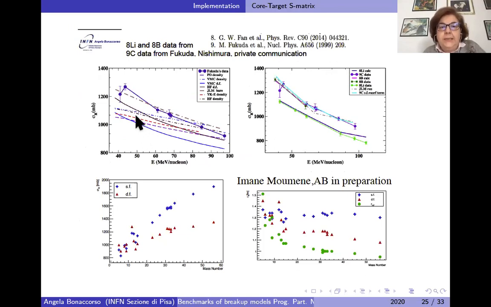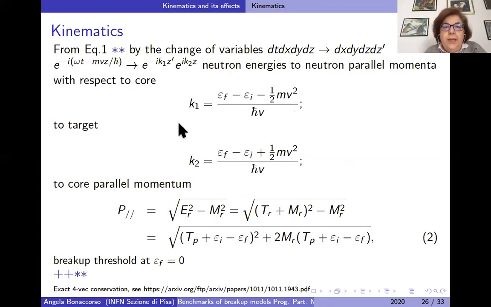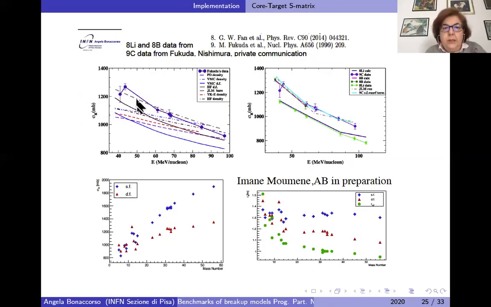And so here are some data for reaction cross-sections for a number of nuclei, lithium, beryllium, carbon, on beryllium-9. Doing the standard double folding with many different densities, we will never be able to get the experimental points, which instead we managed to get with this single folding.